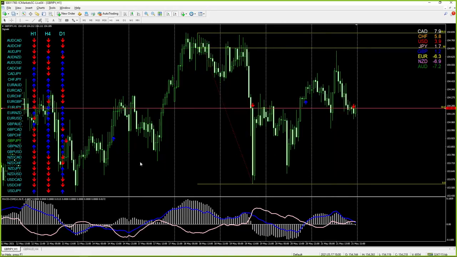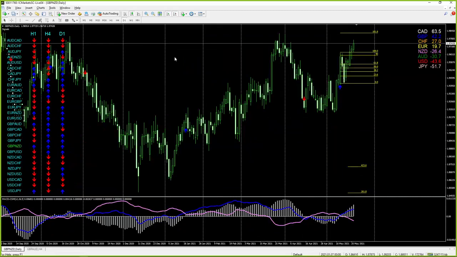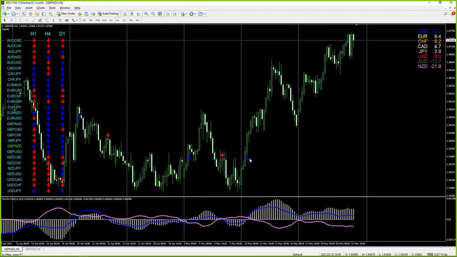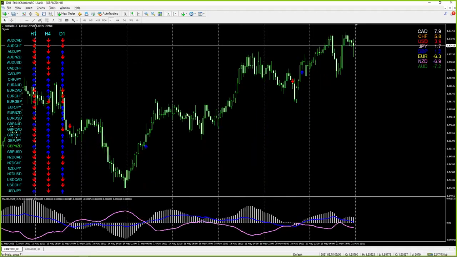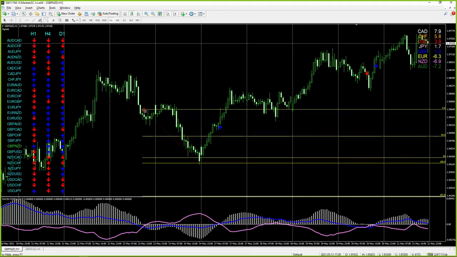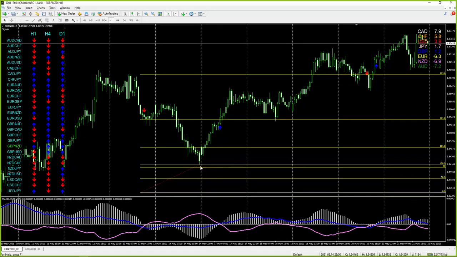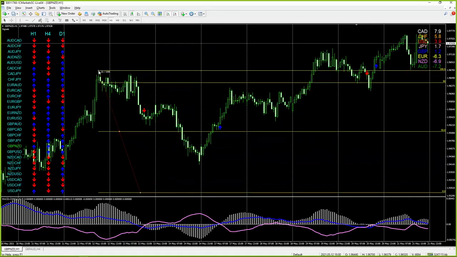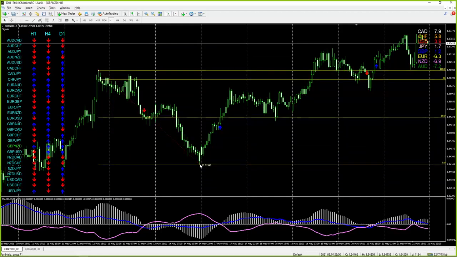Now let's go to GBP NZD. The general trend on GBP NZD was buy this month. On H4, it was buy since last week. And now on H1, we would only be looking for buy signals. There was a buy signal last Monday, so we would be plotting our Fibonacci levels again 2 days backwards from this point to this point.